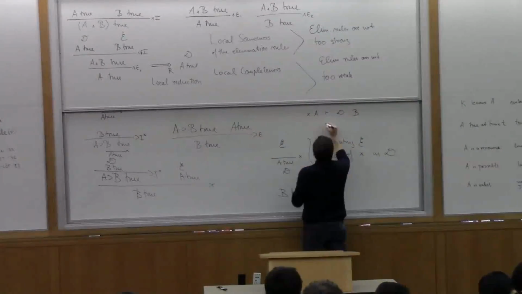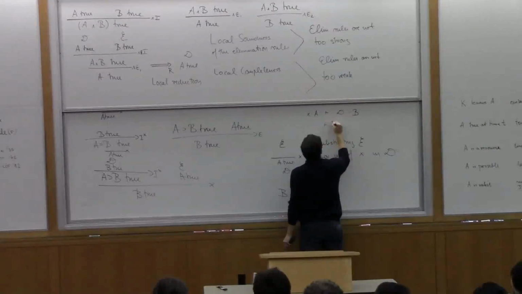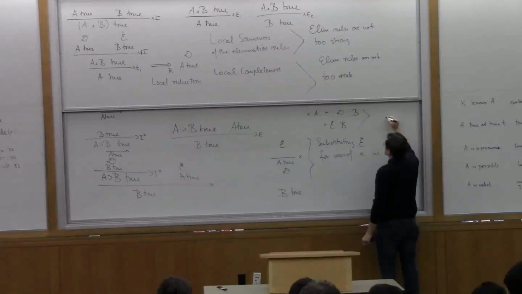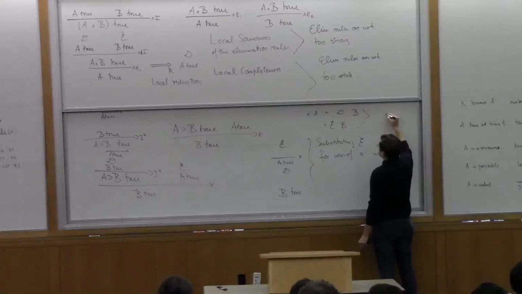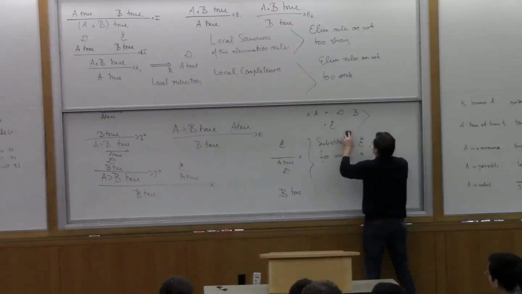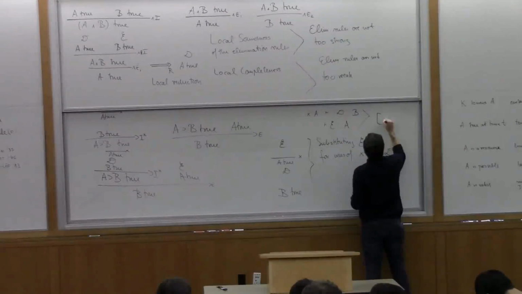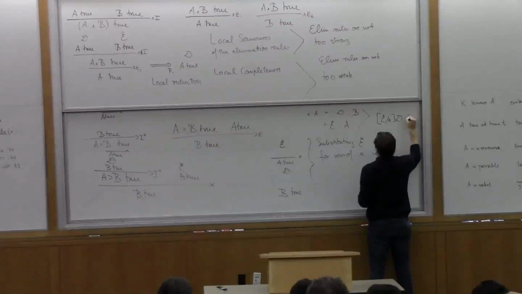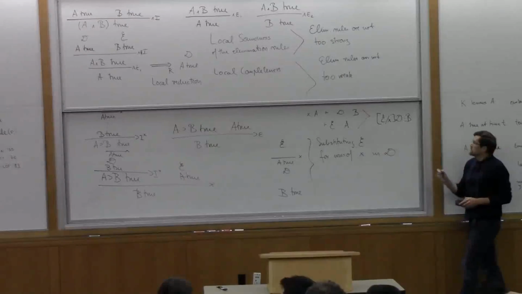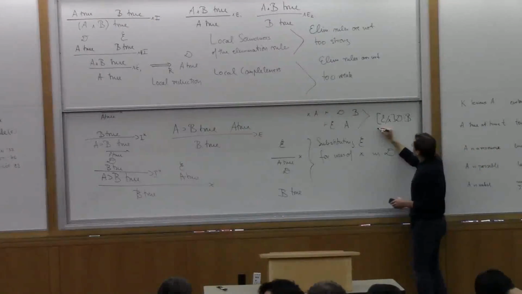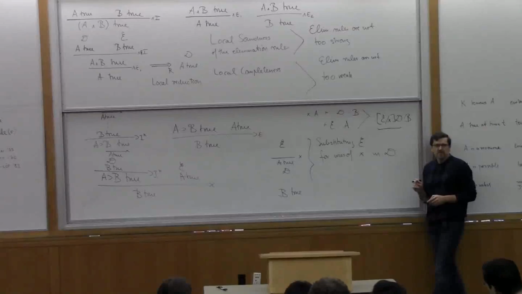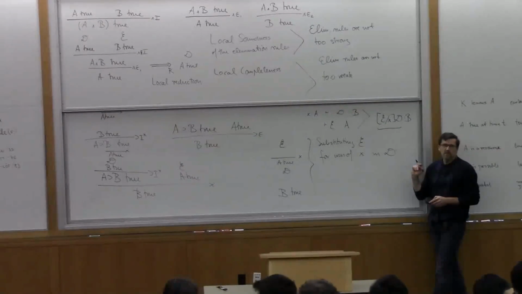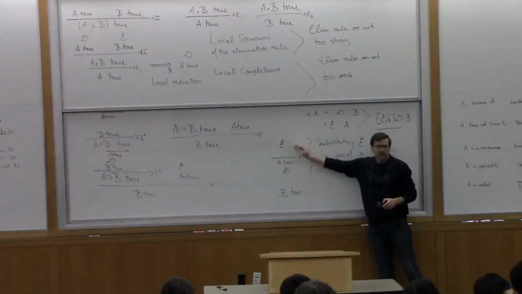We also have E is a proof of A, and from those two things we get that E for X in D would be a proof of B. This denotes an operation of substitution, and this gives you some term that doesn't use X anymore. This is just another clunky way of writing it.